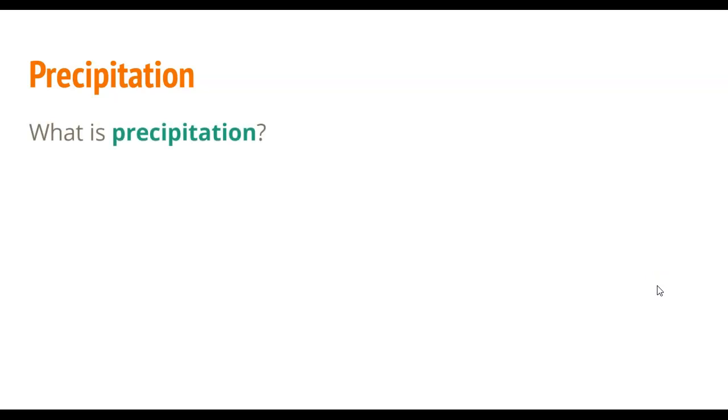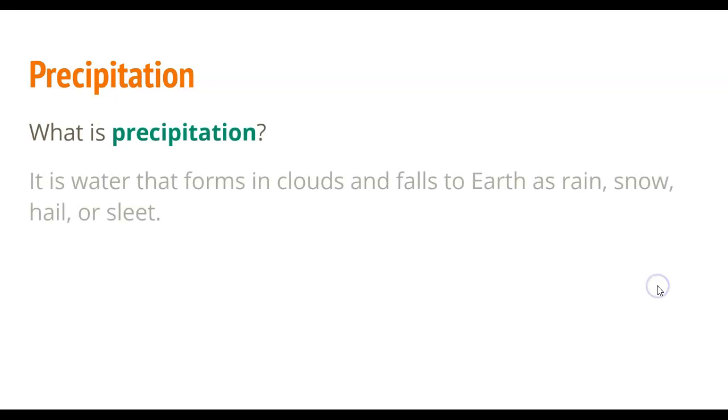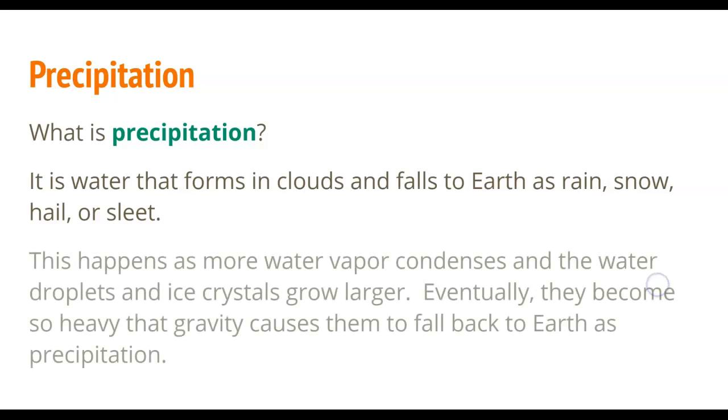Precipitation. What is precipitation? It is water that forms in clouds and falls to the earth as rain, snow, hail, or sleet. This happens as more water vapor condenses and the water droplets and ice crystals grow larger.